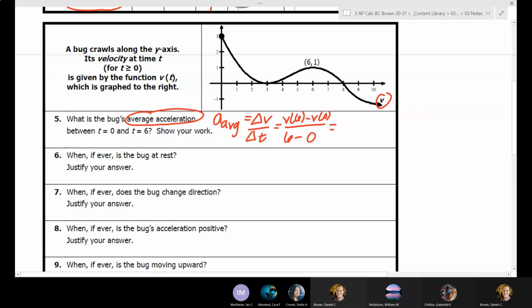The velocity at 6 is 1, the velocity at 0 is 3, and that's over 6 minus 0. They don't give me any units, so I can just leave that as my answer. If you're not happy with that as an answer, -2/6 or -1/3. But again, you can leave your answers ugly.